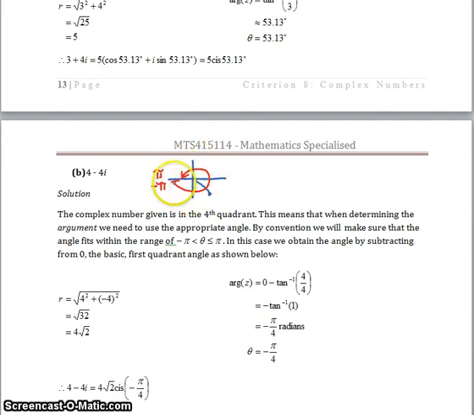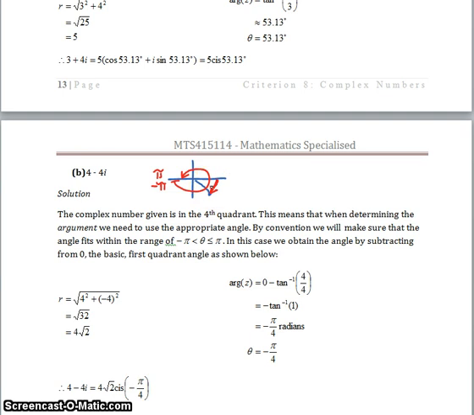That is bigger, or outside of this range, because our starting point is negative pi going around to pi. So the easiest thing for us to do is to think starting at 0 and subtracting this angle. If we work out our first quadrant angle, our basic angle, and subtract it from 0, that's going to give us our angle.